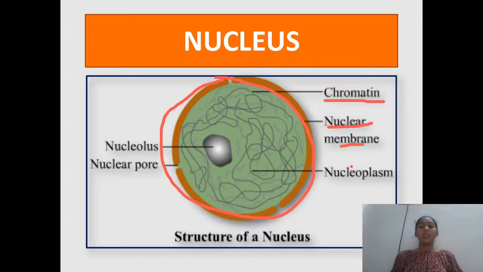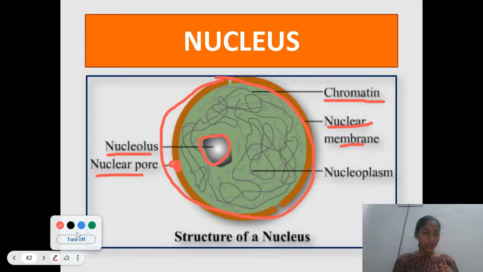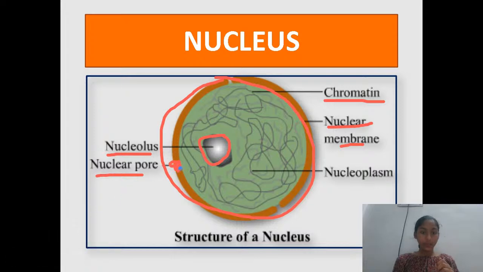And then there is another circle present in the nucleus, the nucleolus. Nuclear pore is this gap, as you can see, colored with blue. This is called the nuclear pore. You can see the nuclear pores over here and also here.